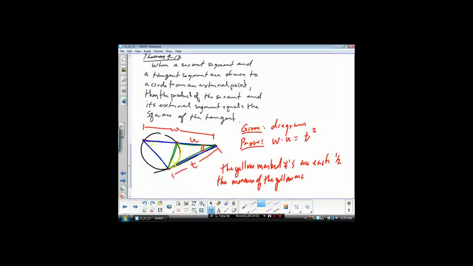Now I know I wasn't very fair to you because you can't use color there very well. But what I have here is that the yellow marked angles are each half of the yellow arc. And that'd be by theorem 9.7 and 9.8. Then the double marked angle is an angle shared by both triangles.